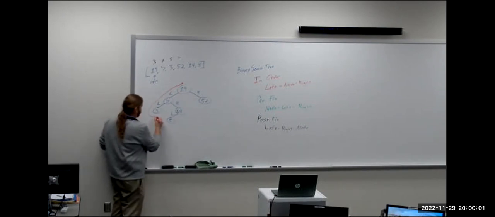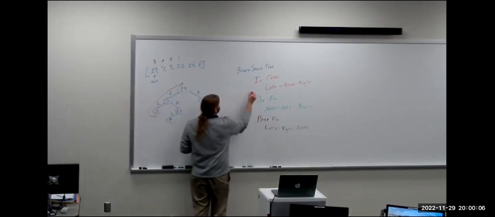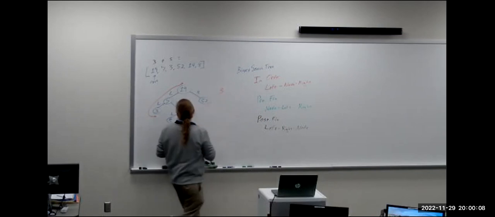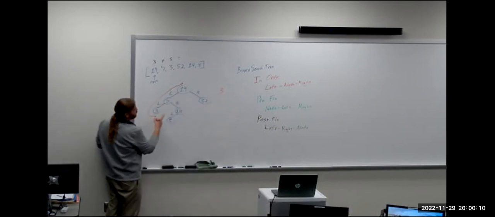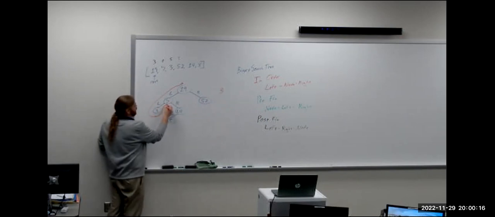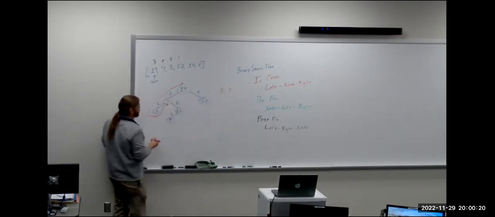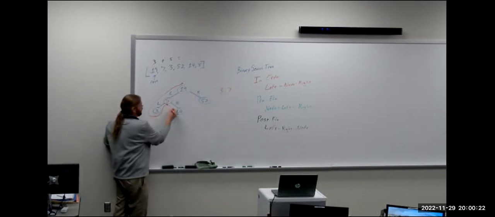So left, our first element is going to be a 3 here. Then we need to grab the node. So we'll come back around, let's come up, grab this node in the middle. We get 7.